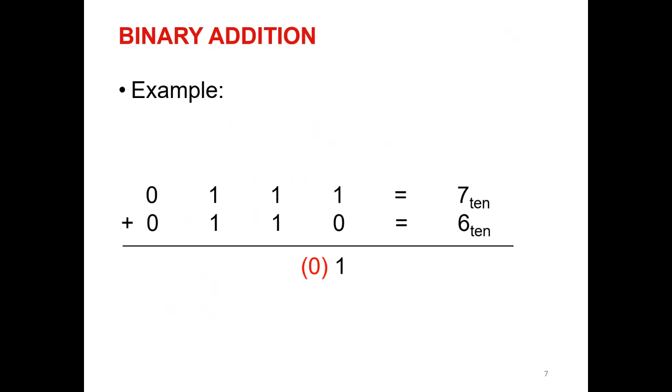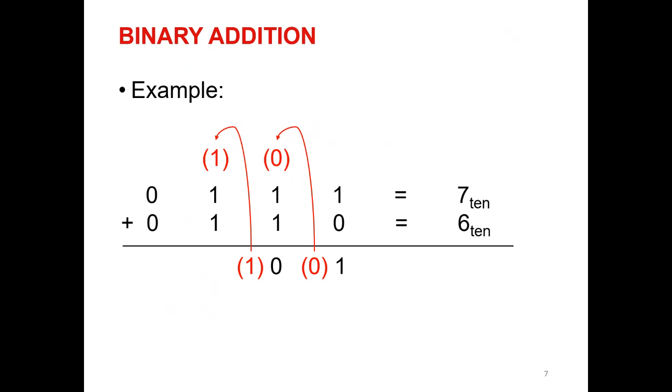We will perform the addition from right to left. First of all, we add the rightmost 2 bits. So 1 plus 0 is 1. The carry is 0. Now we have 0 plus 1 plus 1. The result is 0, and here we have a carry of 1.